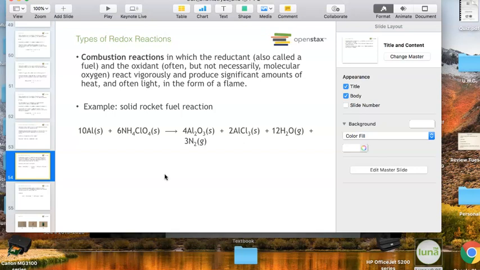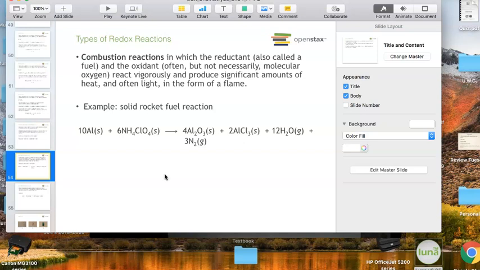The first type is what's called a combustion reaction. Okay, so we should be very familiar with combustion reactions. For example, we all drive to work and we use an internal combustion engine, and so you have combustion reactions happening all the time. That's why you use gasoline to fill up your car, because your engine runs on gasoline, and that gasoline is used as fuel.